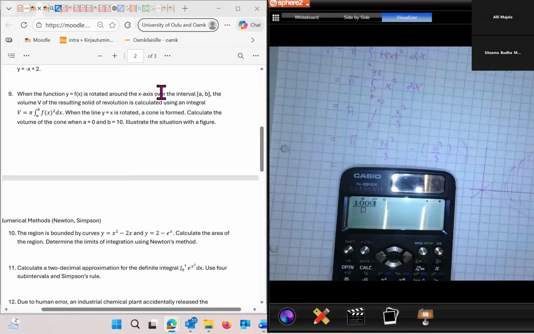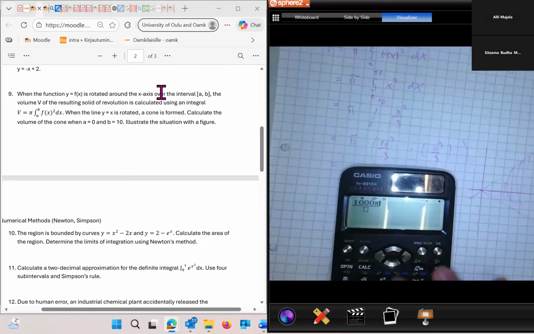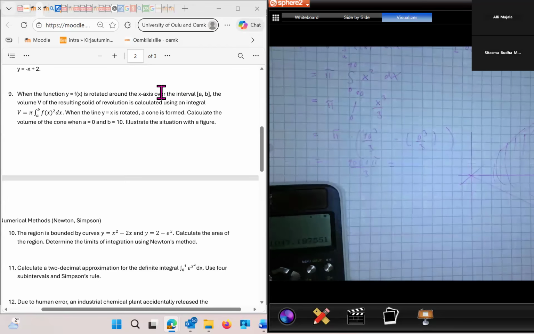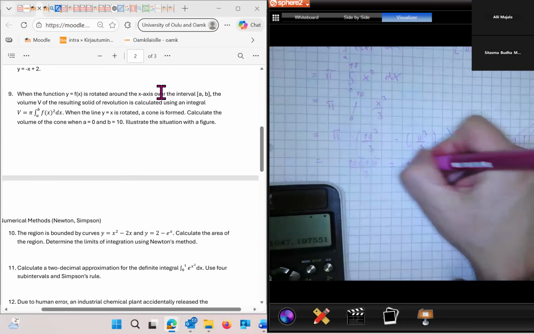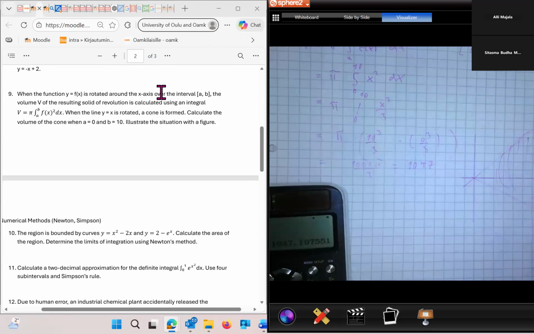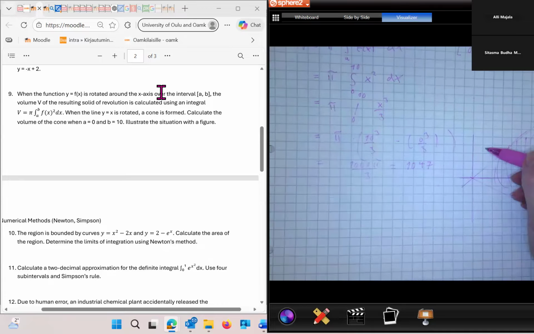Whatever. And the volume is something like this. And this is basically cubic. There wasn't even any unit, cubic squares, cubes of this size.